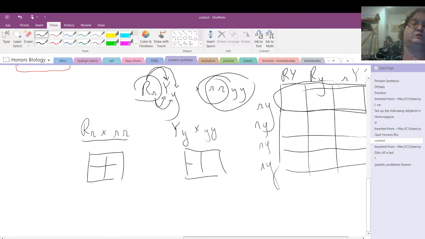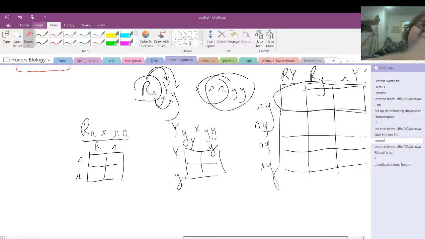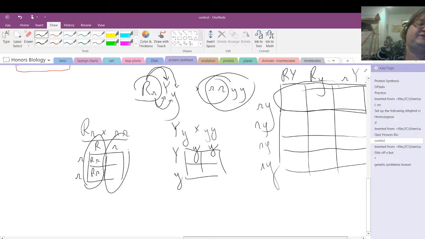Now, remember I told you the more you can memorize or know very, very well these basic monohybrid ones, the better you're going to be because these all follow the same pattern. And I just goofed. I'm so sorry. These follow the same pattern. So if you have a big little cross little little, you're going to get 50% big R, little r, and then 50% little r, little r.